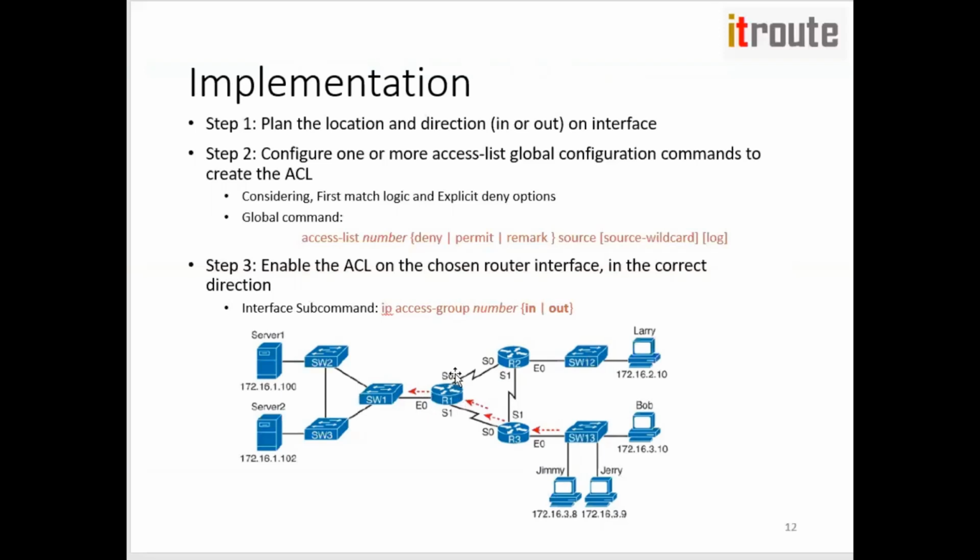It could be the inside interface, it could be the outside interface. So enable the ACL on the chosen router interface in the correct direction. You want to apply on this interface or that interface, so you need to decide that.